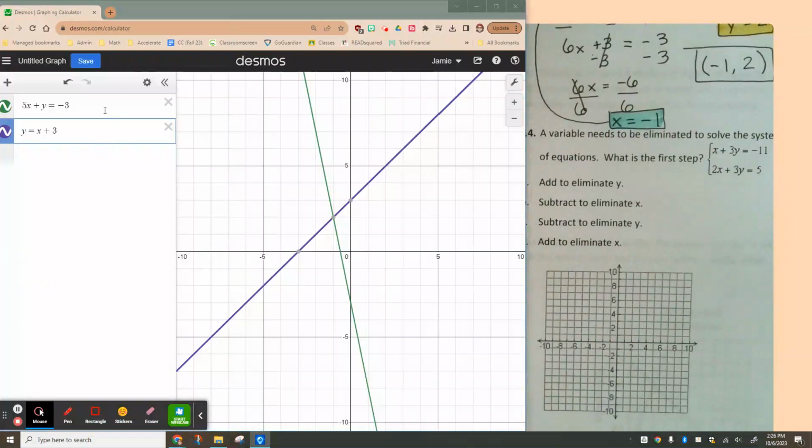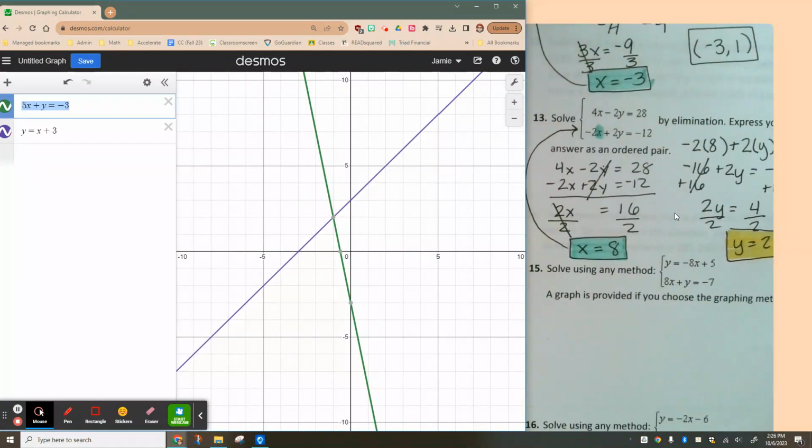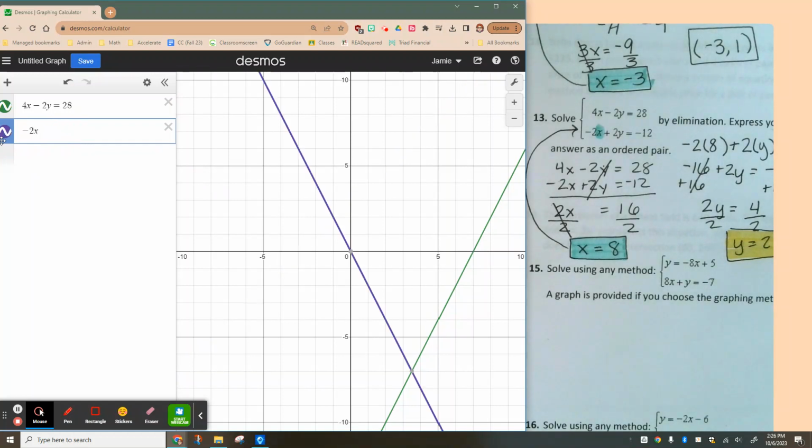Let's just verify with Desmos. x minus 2y equals 28. Negative 2x plus 2y equals negative 12.